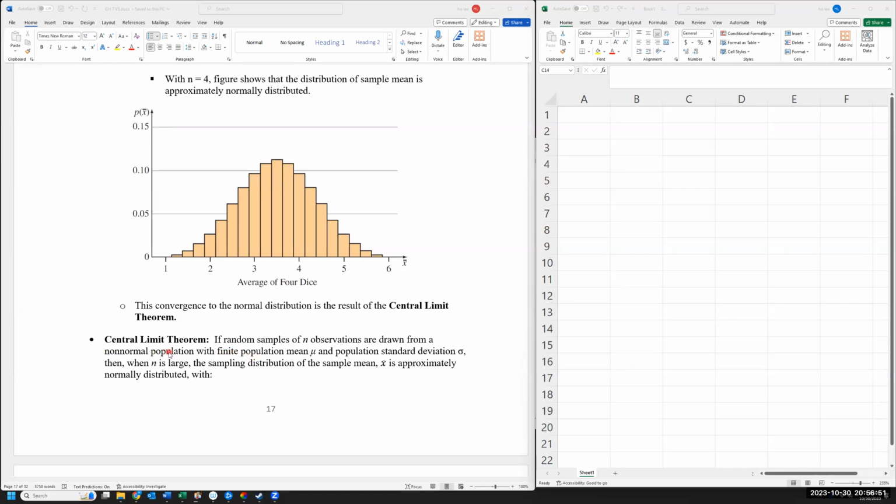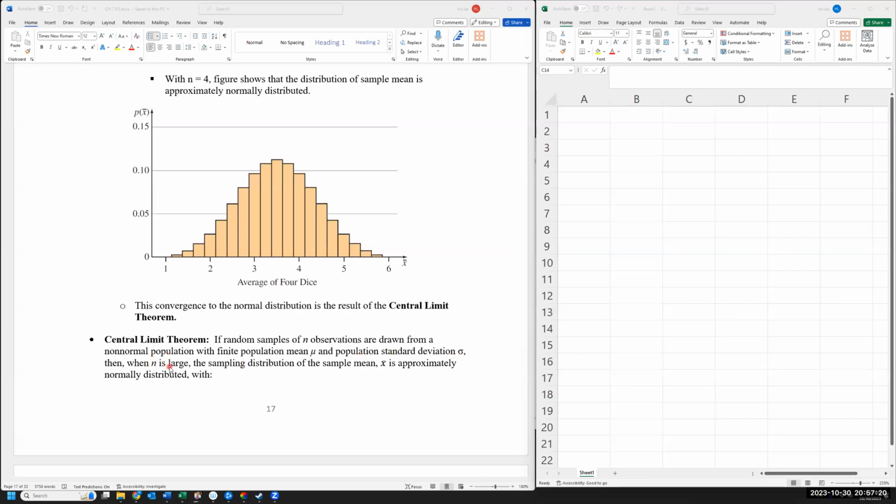non-normally distributed population, okay? We don't have to have the population to have a normal distribution, with a finite population mean of mu. So the population doesn't have to be normally distributed, but it has some sort of mean of mu and a population standard deviation of sigma.